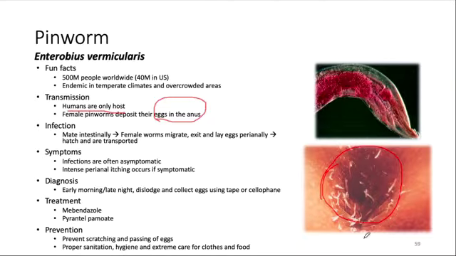The eggs will then hatch into larvae. If the symptoms do present, because usually they are asymptomatic, but when the infected individual has symptoms, the distinct symptom will be intense itching of the perianal area, and so the person generally would be scratching it.